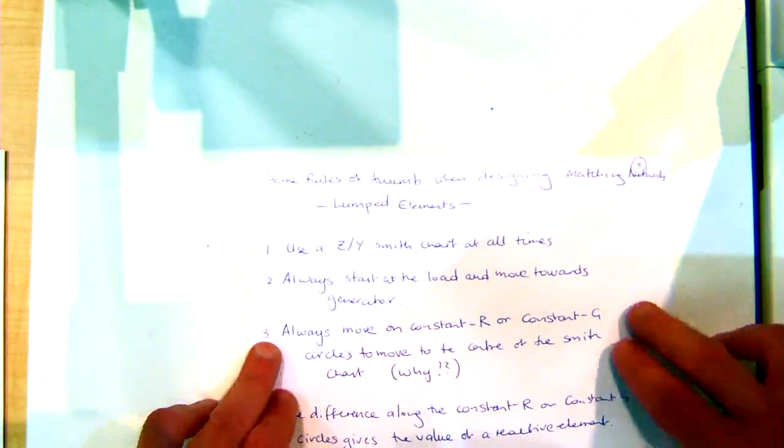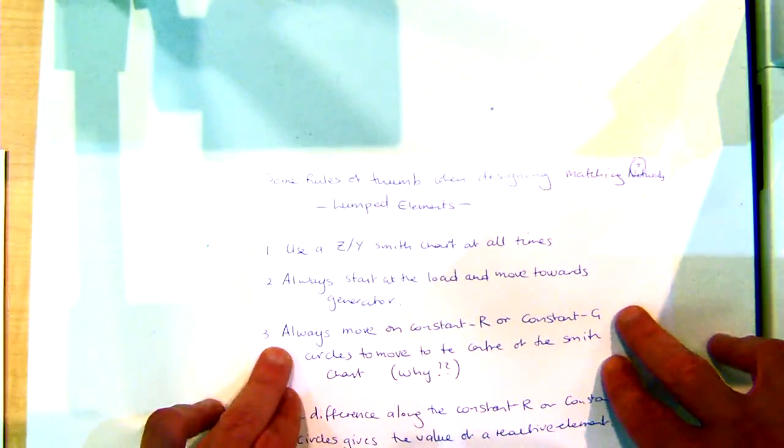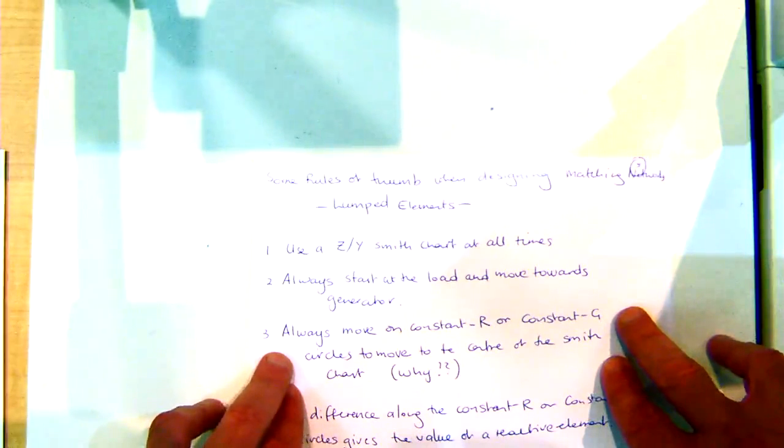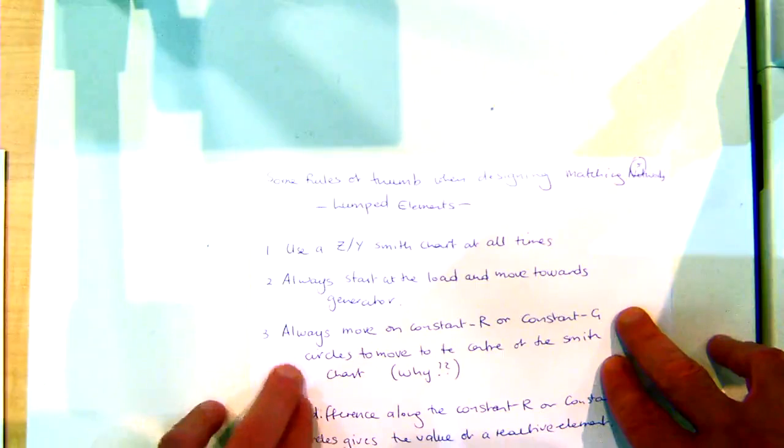And then I mentioned that our aim is always to move on constant R or constant G, so constant resistance or constant conductance circles.